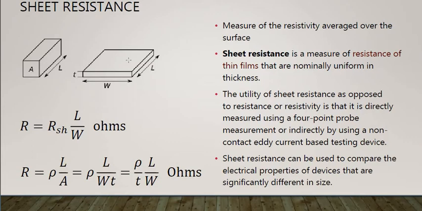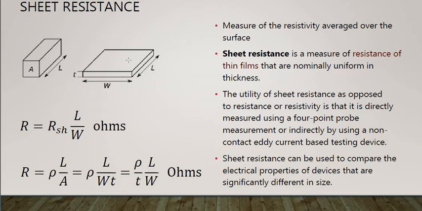You take a small silicon wafer, a thin part of it, and do all the processing. So sheet resistance is the measure of the resistance of that thin film, which is normally uniform in thickness. For example, the whole thickness of the film should be 2 lambda only.